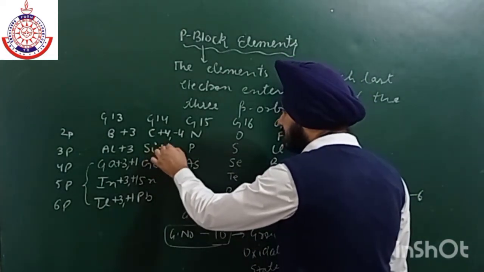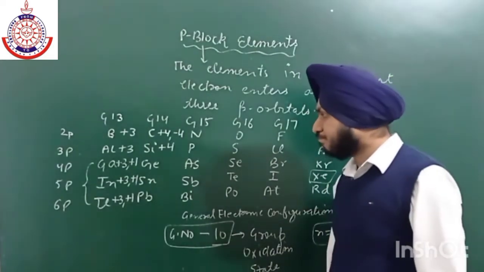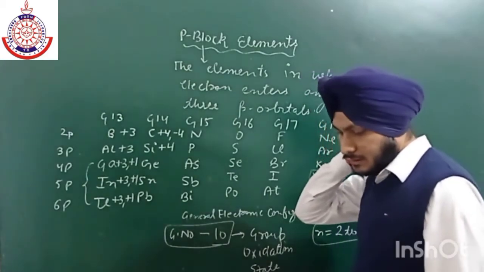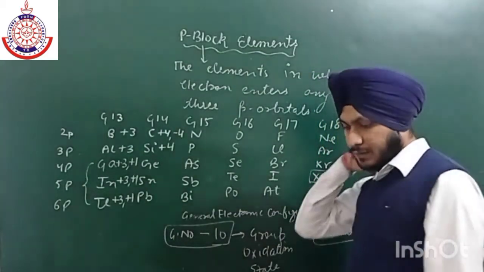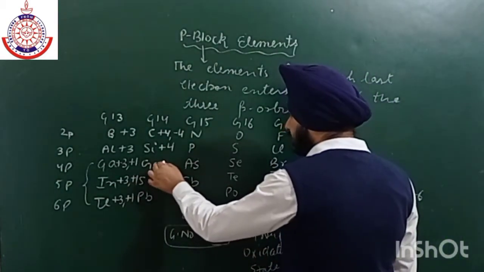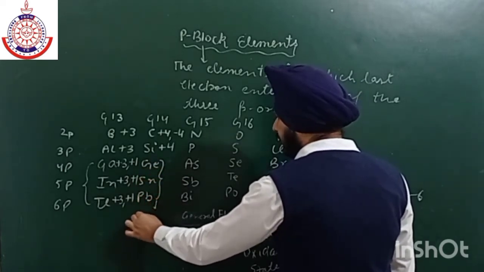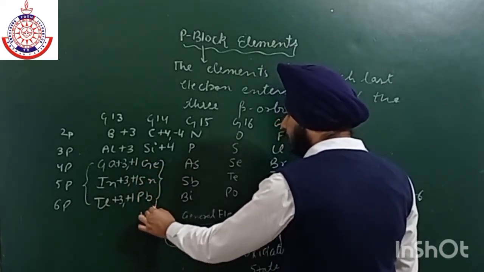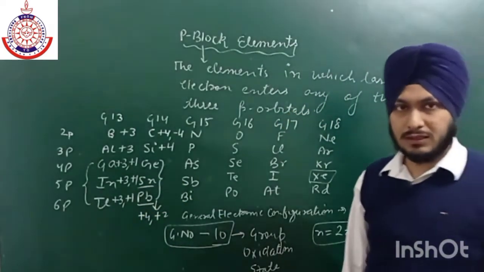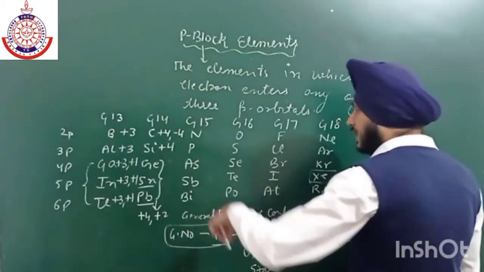Now if we talk about germanium, tin and lead, they all have a tendency to show both +4 as well as +2. But for lead as well as tin, the +2 oxidation state is more stable than that of +4 due to inert pair effect. Now let's move on to the next family.